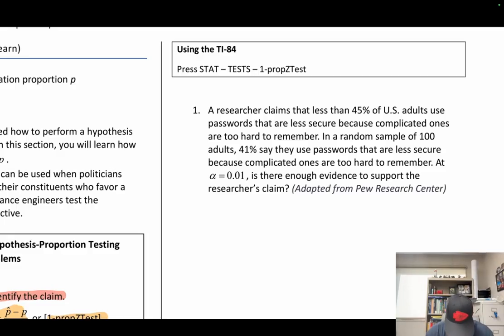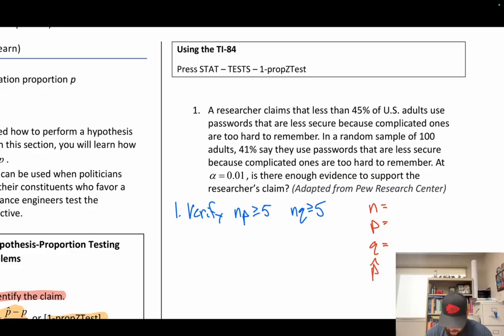Step 1, we want to verify np is greater than or equal to 5 and nq is greater than or equal to 5. To do that, let's identify the parts that we have. We're going to need our n, we'll need our p, we'll need our q, and we're going to have our p hat in here as well.